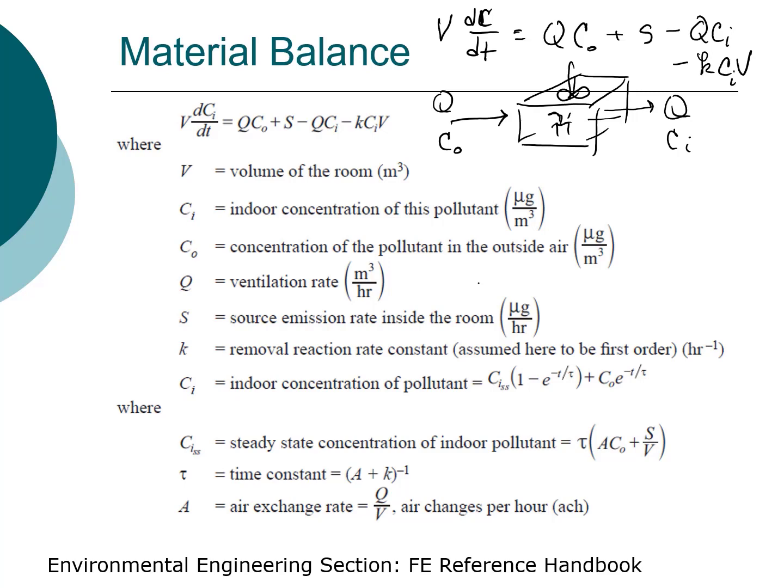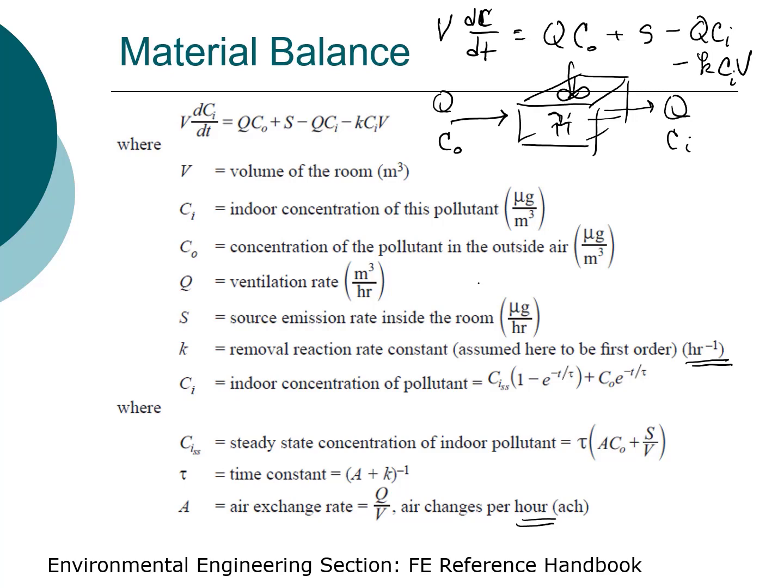Now the equations that they're giving you here are a little bit different in formulation. They use a term, tau, the time constant, and note that that is just A plus K, and A is the air changes per hour, so the air exchange rate, K is your decay constant. Make sure your units are consistent.